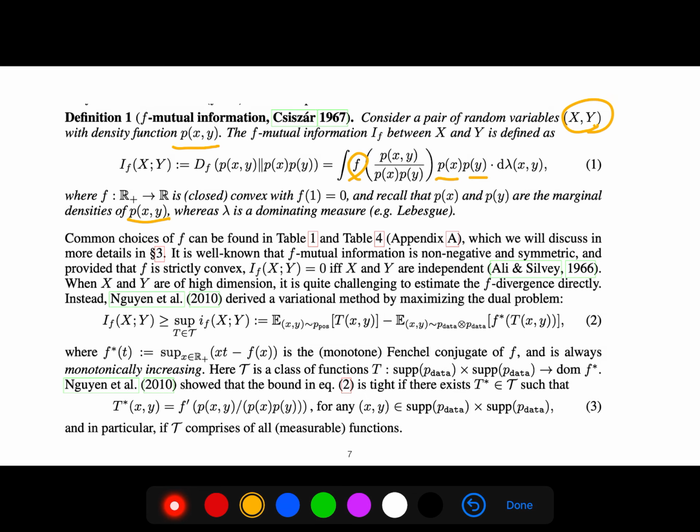And this lambda, in measure theory, we call it Lebesgue measure or dominating measure.